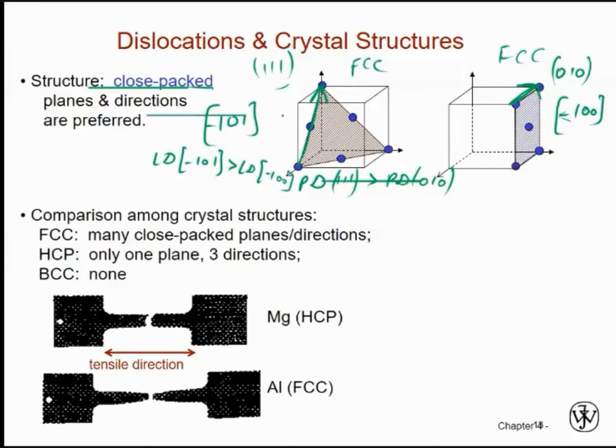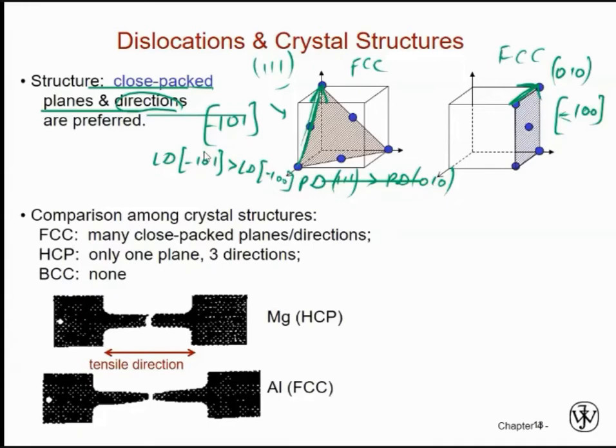That means the atoms on that direction will be close to each other, packed closely, with more atoms on that line. And again, we call those kinds of directions close packed directions. So we have close packed planes and close packed directions where atoms are close to each other.